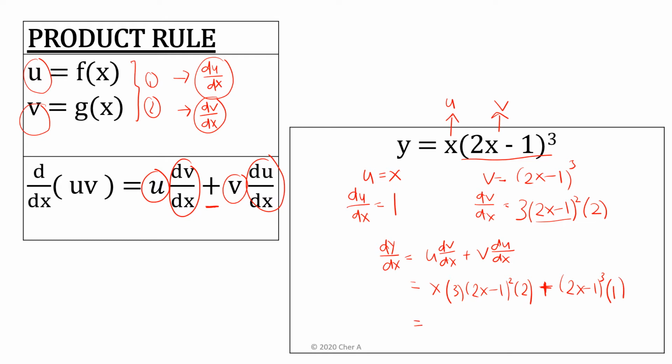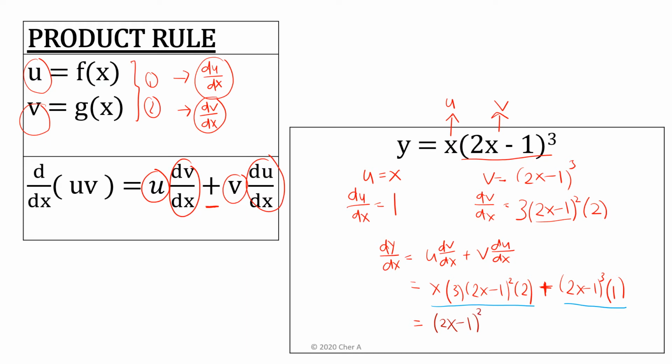So I have two separate functions here, this plus this. If you notice, both of them have 2x minus 1 inside. So I am going to factorize out my 2x minus 1, and I can factorize 2 of it.